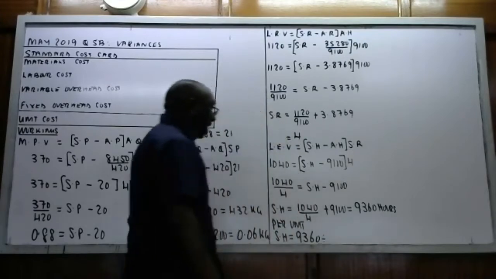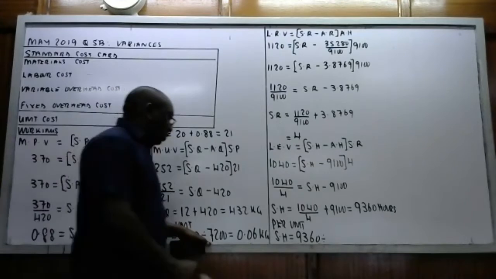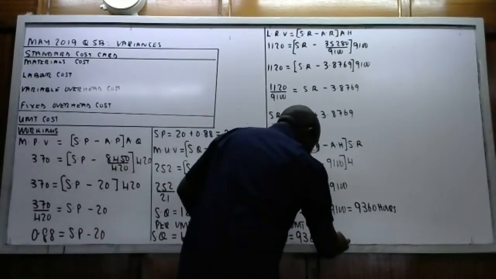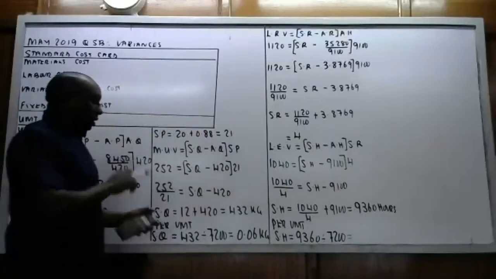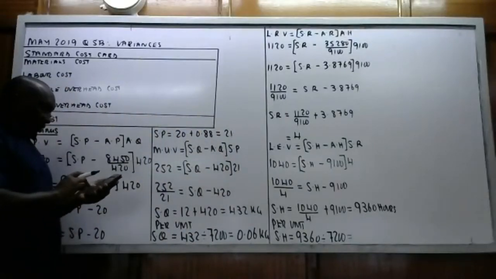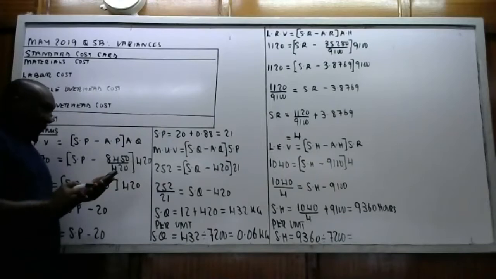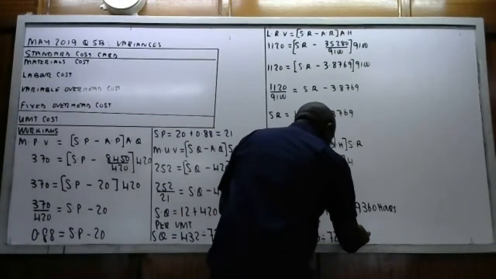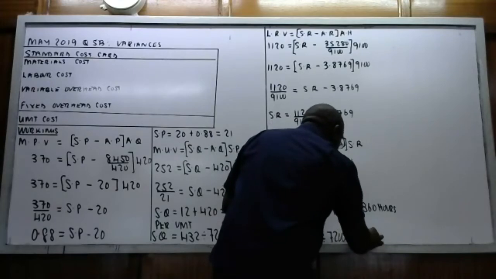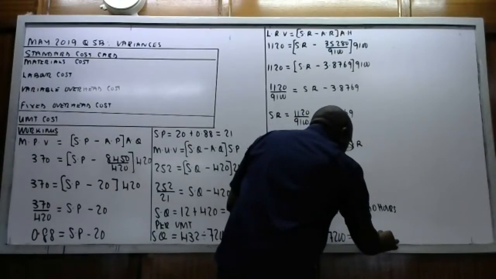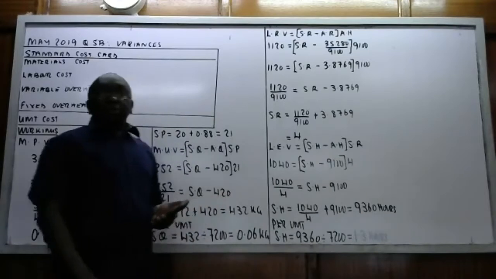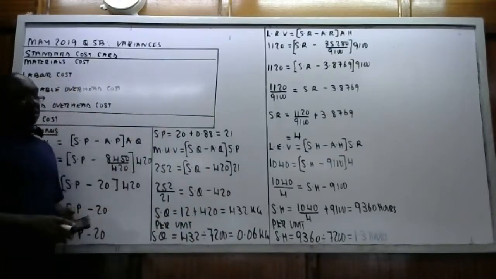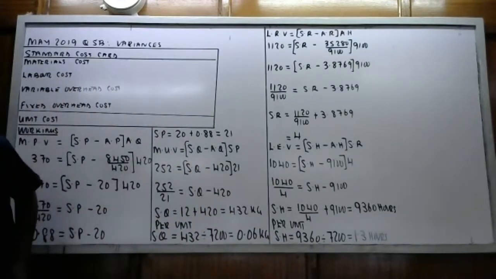You divide by the units that were produced, 7,200. And that gives us 1.3 hours.